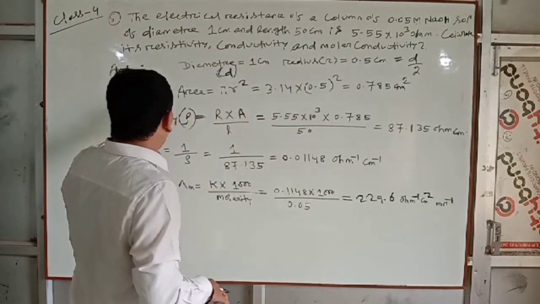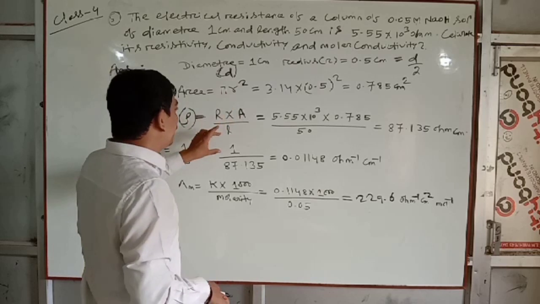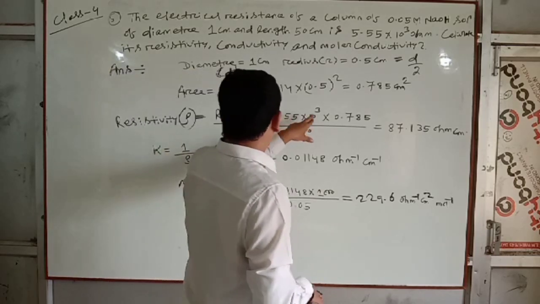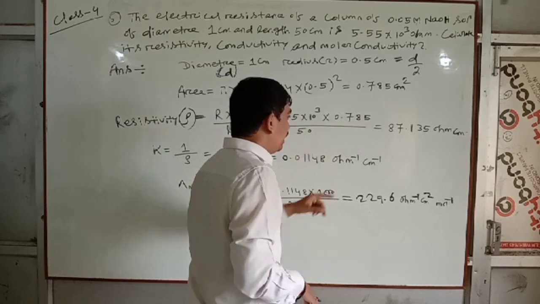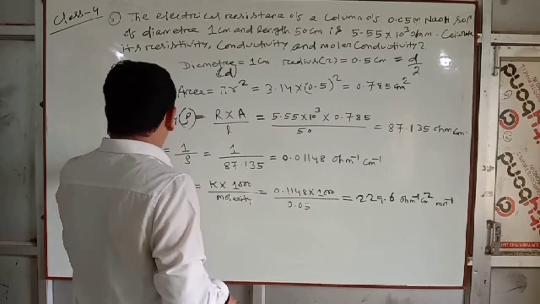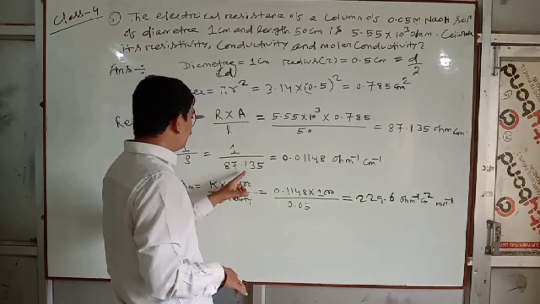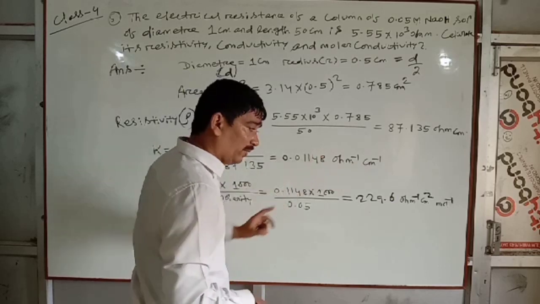Next resistivity, rho equal to R A by L. 5.55 into 10 to the power 3 into 0.785 by 50, 87.135 ohm centimeter. Next is kappa equal to 1 by rho, 1 by 87.135, 0.01148 ohm inverse centimeter inverse.